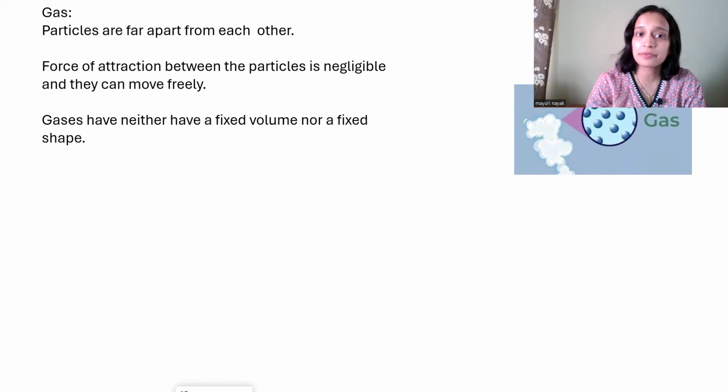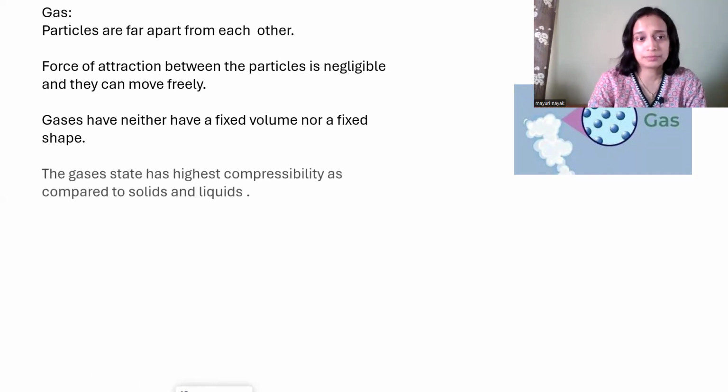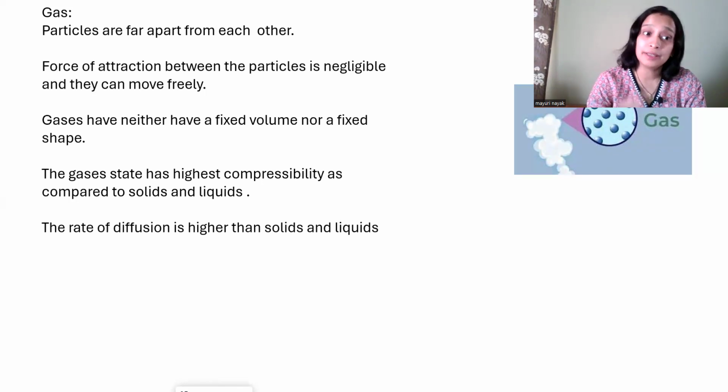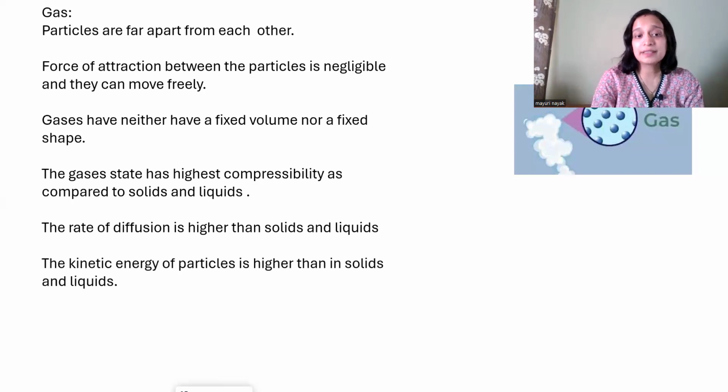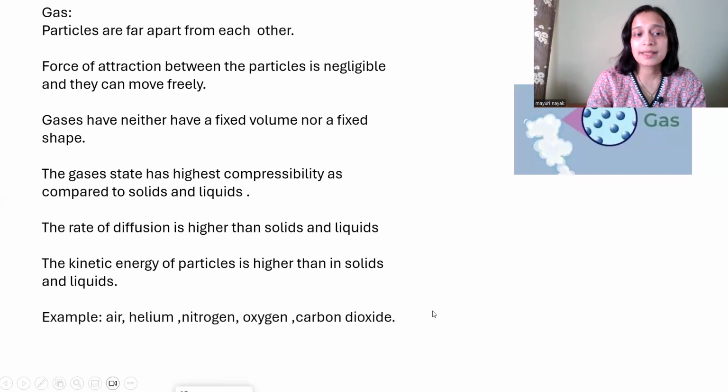Gases have the highest compressibility as compared to solids and liquids. This compressibility we will study further. The rate of diffusion is higher than solids and liquids. And the kinetic energy of the particles is higher than solids and liquids. Examples are air, helium, nitrogen, oxygen, and carbon dioxide.